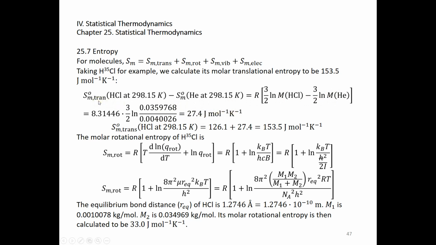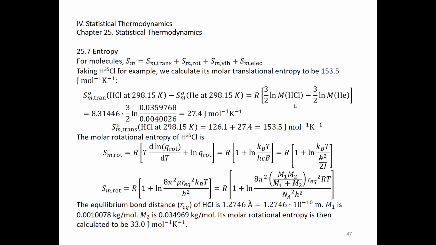So the molar translational entropy of HCl is greater than the molar translational entropy of helium only because HCl is heavier. And again, why is that? Since HCl is heavier, the translational energy spacings are smaller for HCl.